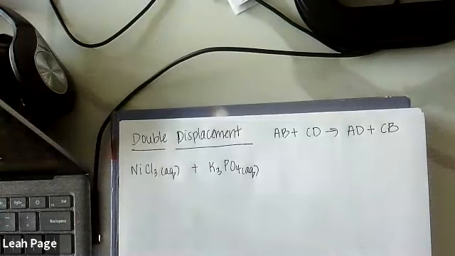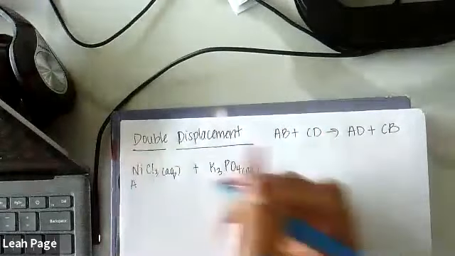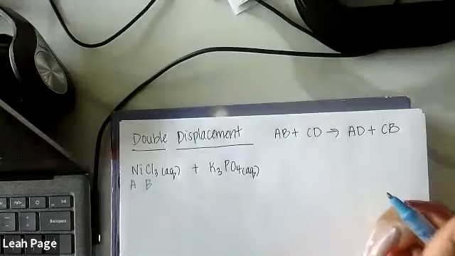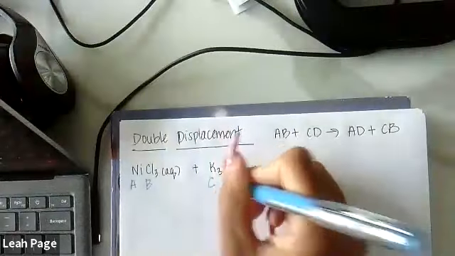All right, so if I look at this, my A is nickel, my B is chlorine or chloride, my potassium is my C, the phosphate ion is my D.